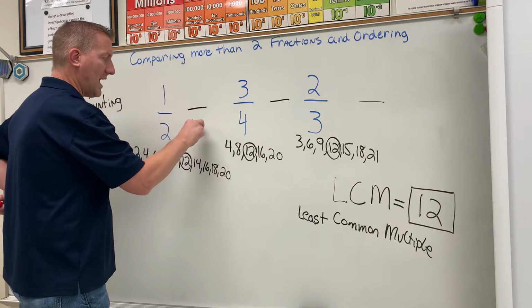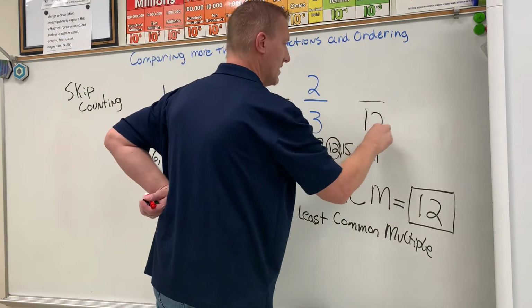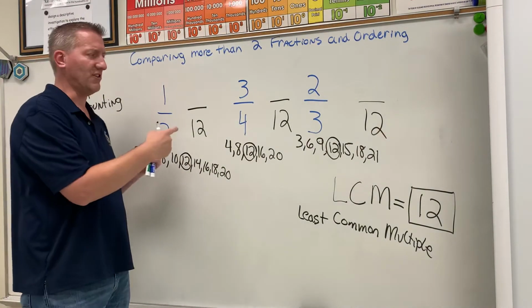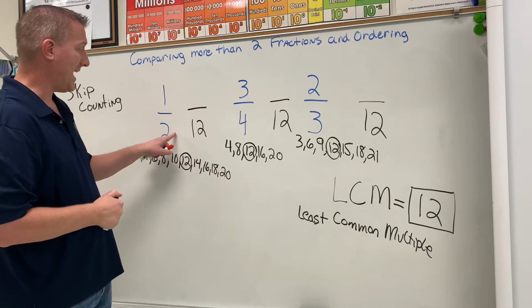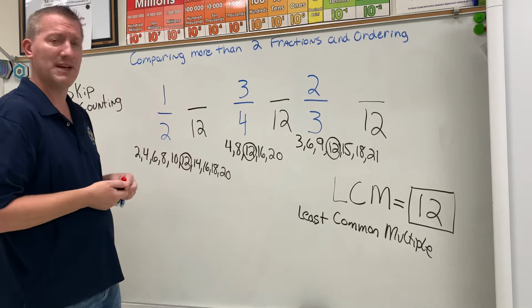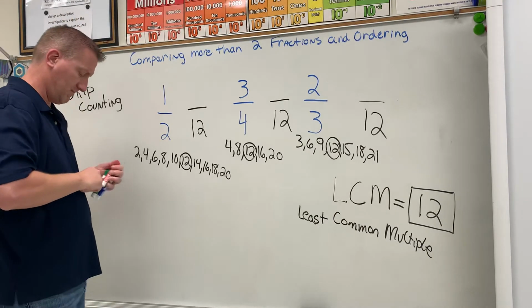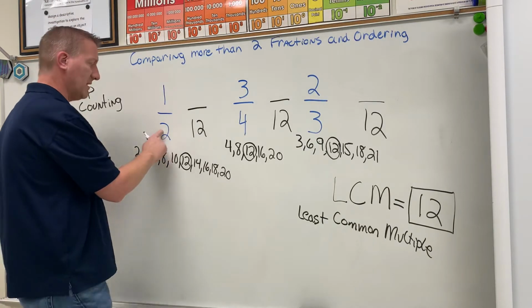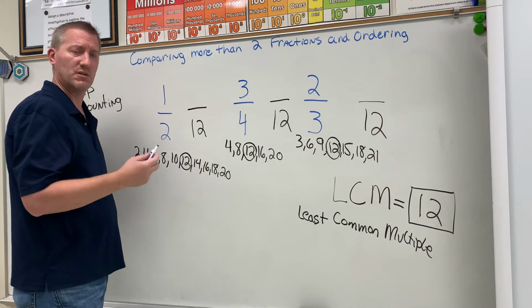All right, so I need each of these denominators to be 12 then. So now I have to figure out what I have to do to this bottom denominator to make it 12. In order to get from 2 to 12, I have to multiply by what?